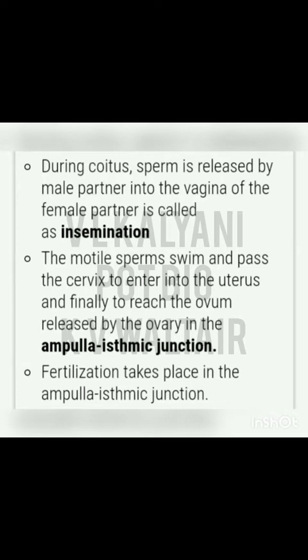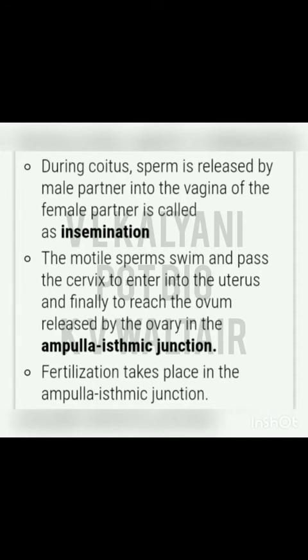In the oviduct, the end part very close to the uterus is the isthmus, and next to that is the ampulla. The sperms will reach the junction where these two parts, ampulla and isthmus, join.